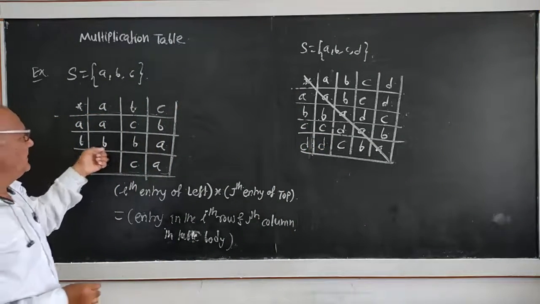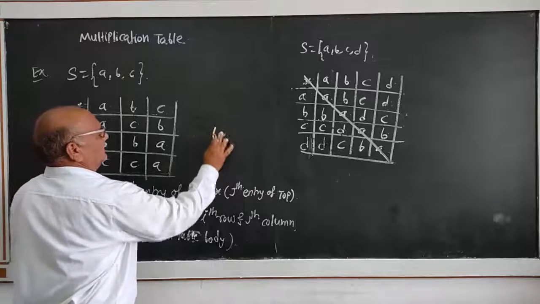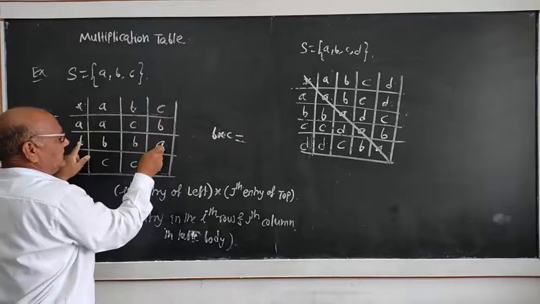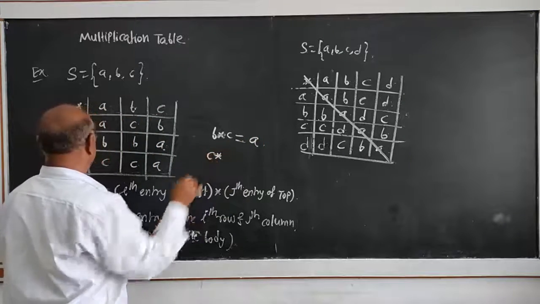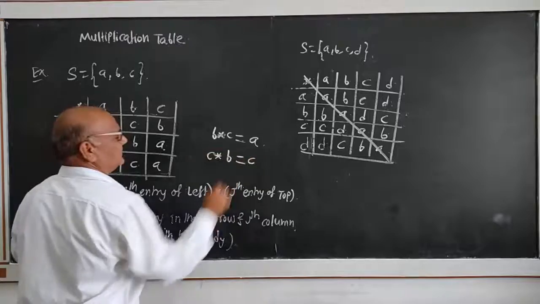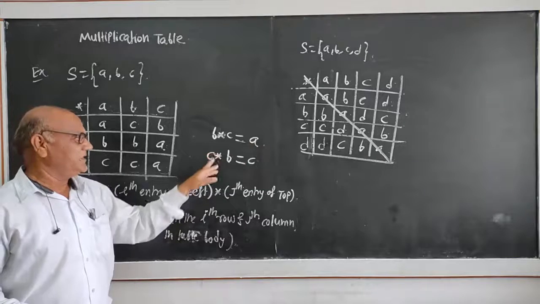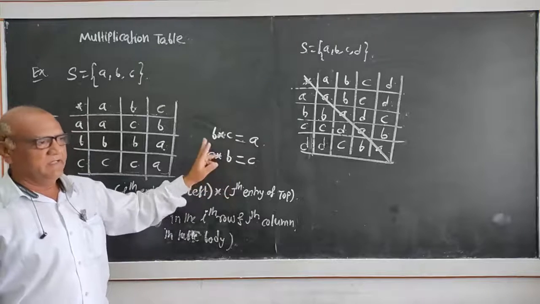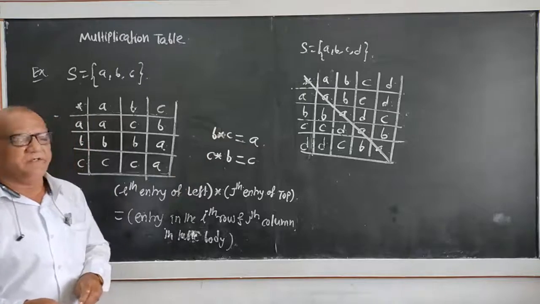See in the first table, here B star C is equal to A and C star B is equal to C. That means B star C is not equal to C star B. That means this star operation is not commutative.